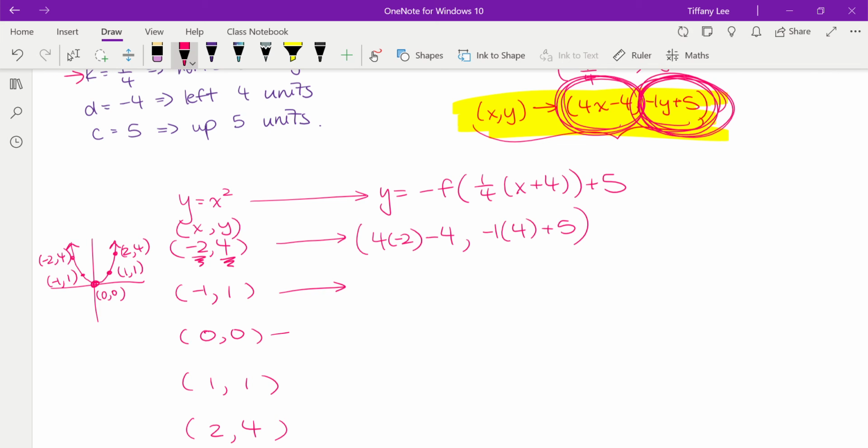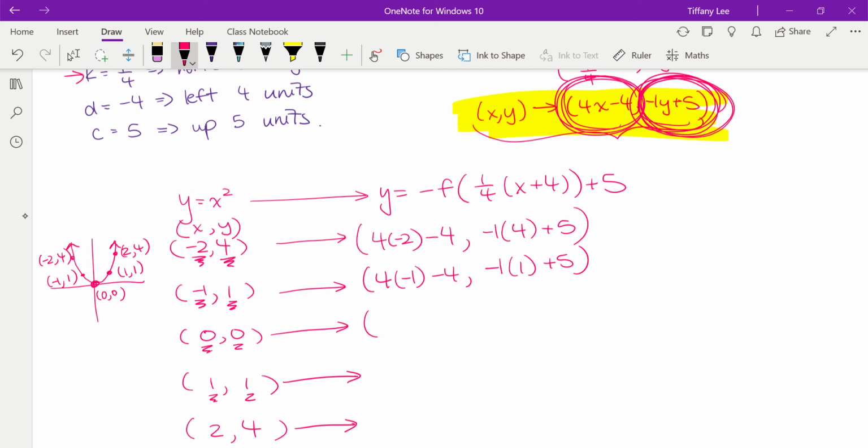And you're going to do the same thing. So just keep doing that, but for your x's and your y's, you're just going to use your parent coordinates, right? So it's going to be 4x. This will be negative 1 instead of x, right? We're just plugging in negative 1 for x, minus 4, negative 1y, our y here is 1, plus 5.